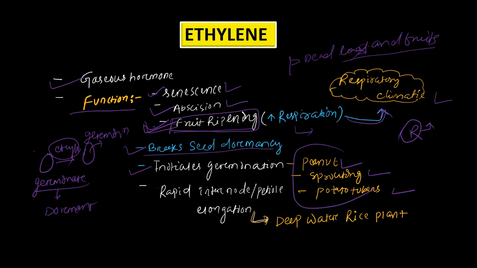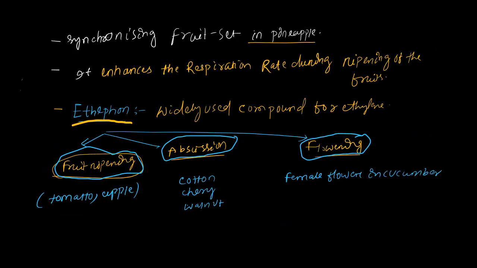In germination, like peanut, sprouting potato tubers, it helps germination. Another point is rapid internode and petiole elongation. If we add ethylene, it helps in internode elongation, for example in the deep water rice plant. Another point is synchronizing fruit set in pineapple.